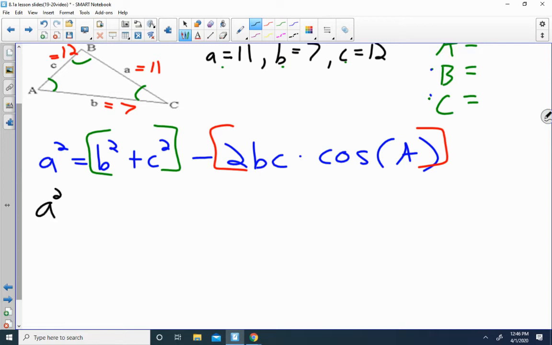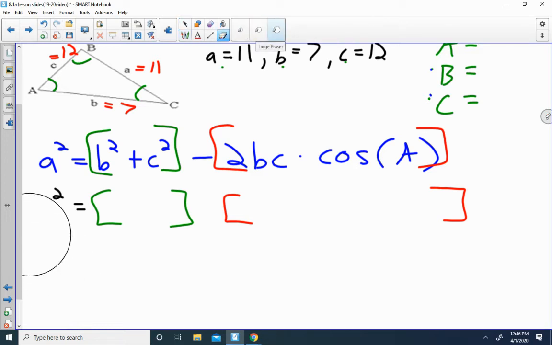So first we're going to do a squared. We go ahead and get the brackets up. My a is 11, so that's going to be 11 squared.